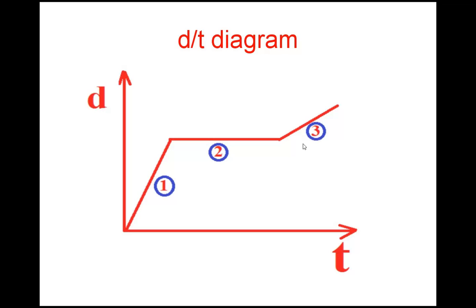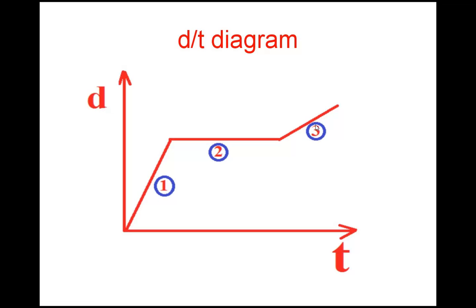And has a uniform speed, right? And then in stage 2, it is standing still because you have zero change of the distance in stage 2. It's stationary. And in stage 3, it's moved again.